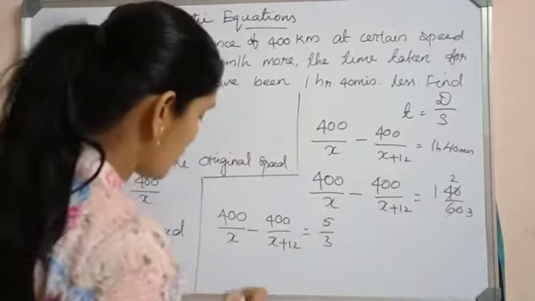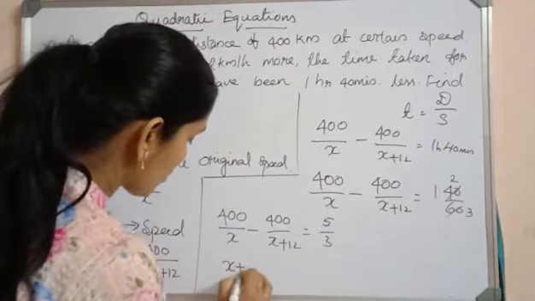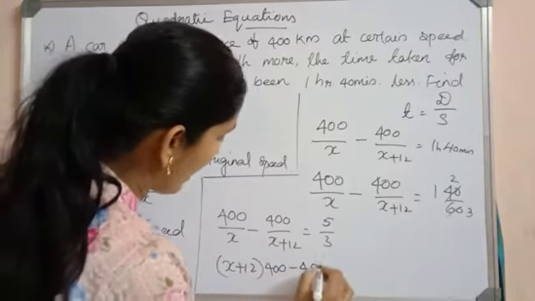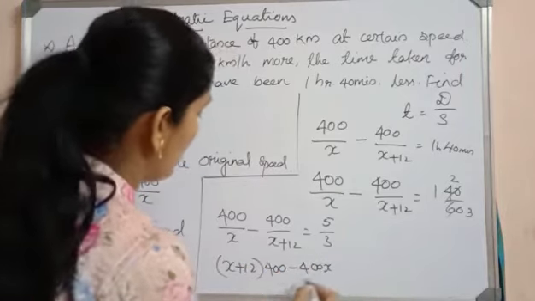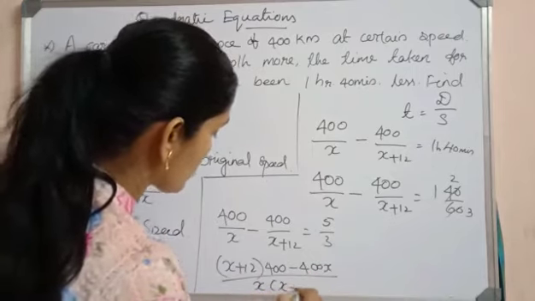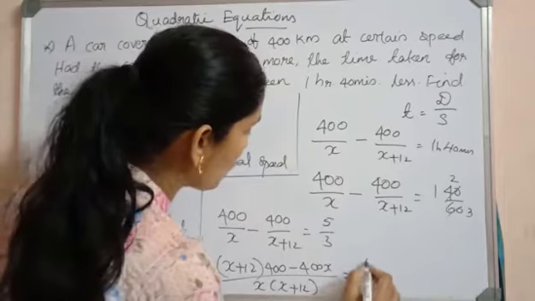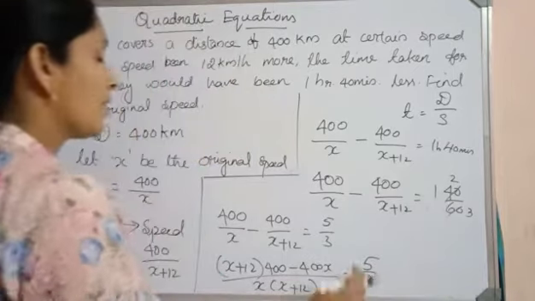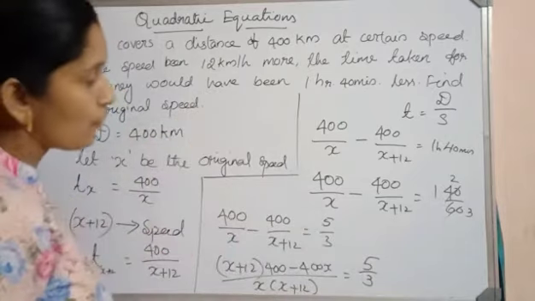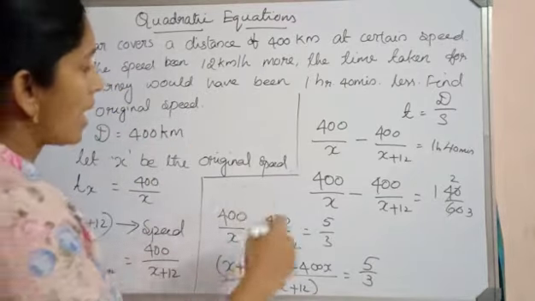On simplification, we get this as 400 into x plus 12 minus 400x by x into x plus 12 is equal to 5 by 3. Now we need to cross multiply, simplify and bring it into the standard form of the quadratic equation and solve it.